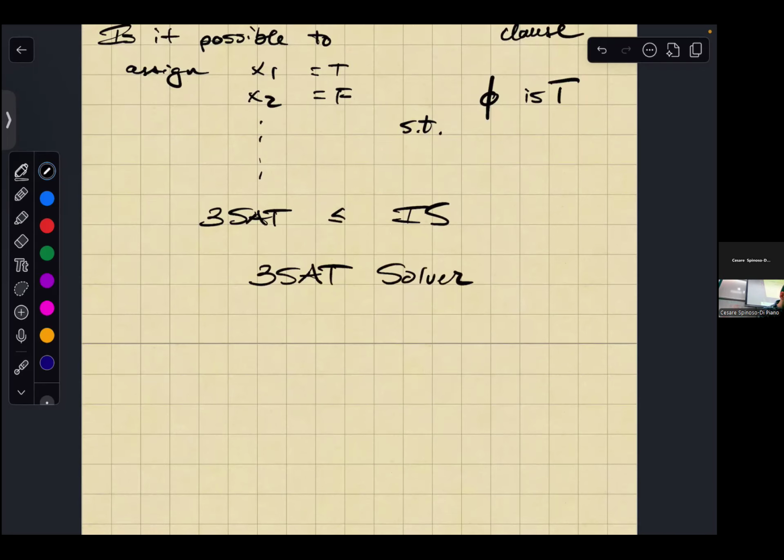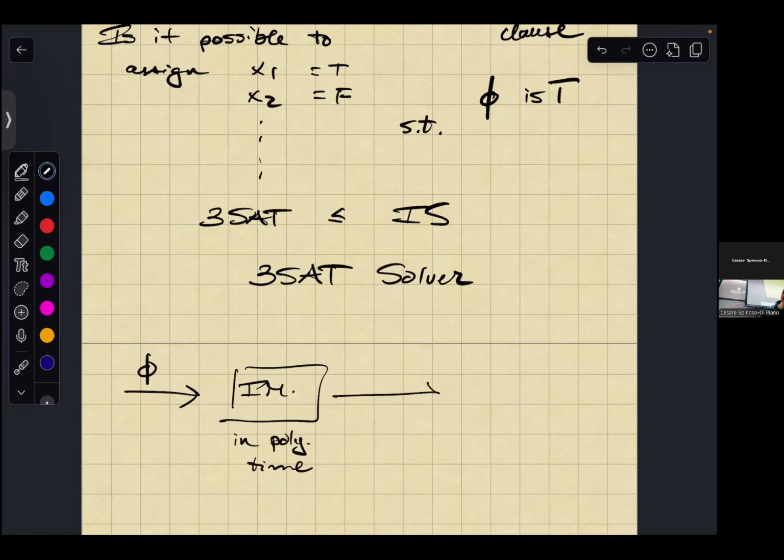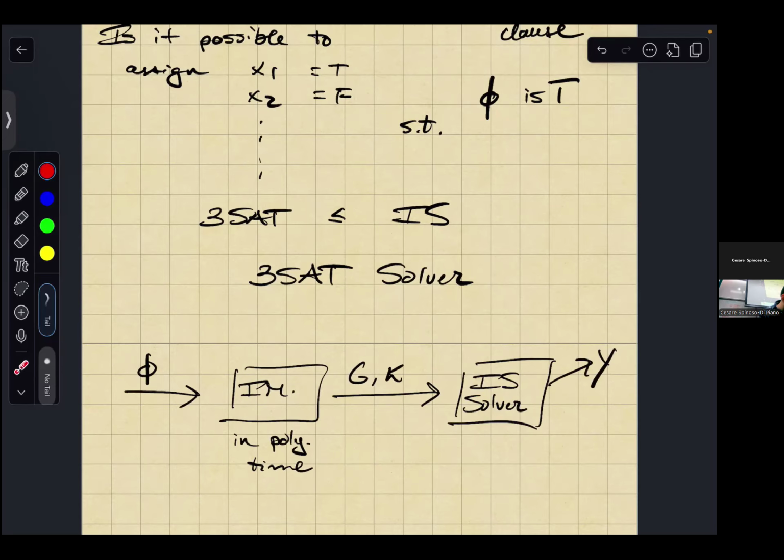To create this 3-SAT solver, we have an instance of 3-SAT, and we want to modify it in polynomial time such that we get an instance of independent set, so some graph and some integer k, where when you give that graph and that integer k to the independent set solver, it says yes if and only if the answer to the 3-SAT problem is yes, so if and only if I actually have a satisfying assignment. Otherwise, it should say no.